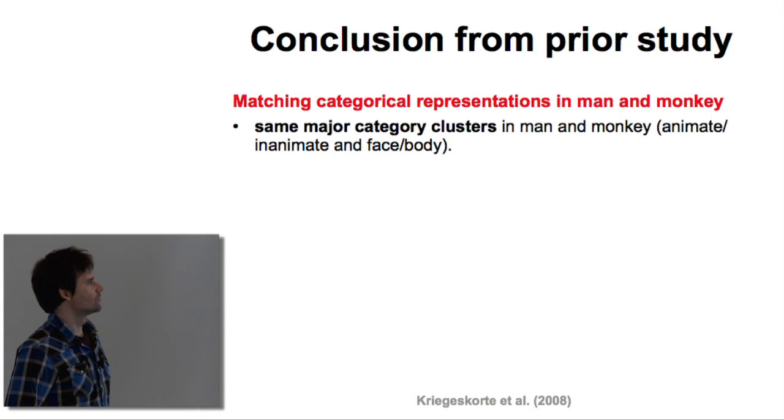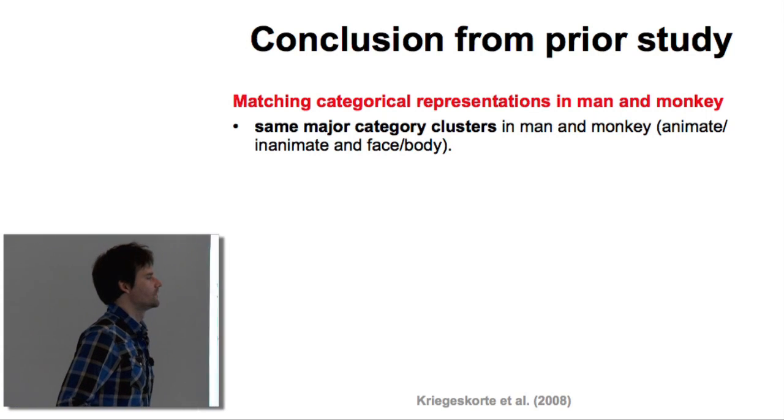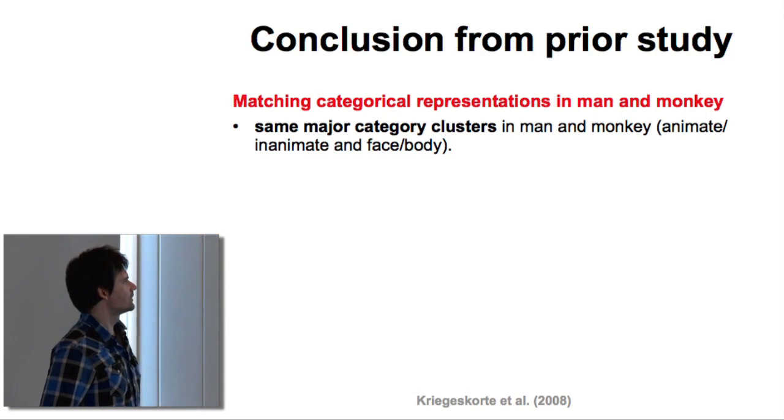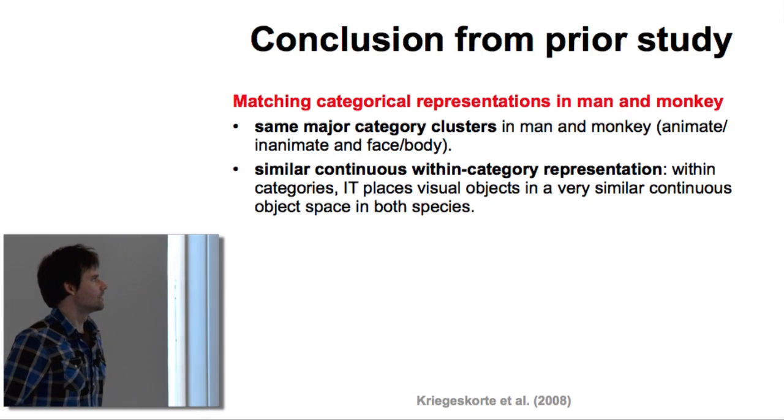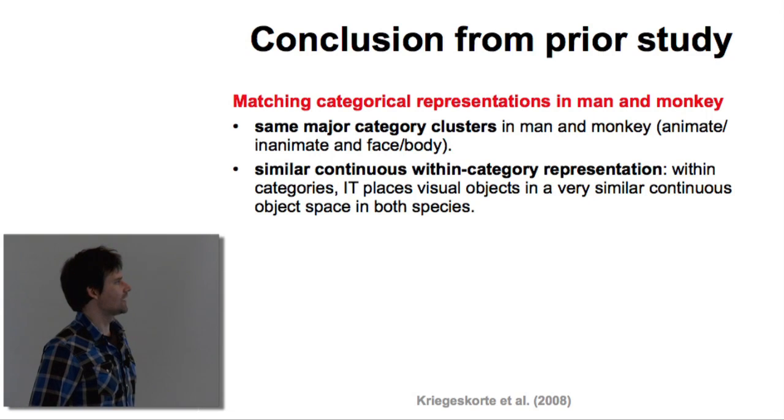Animate and inanimate was the major division, and face-body was a subdivision among the animates. We also saw, and I haven't shown you this, a similar continuous within-category representation. So within categories, IT seems to place the visual objects in a very similar continuous object space.